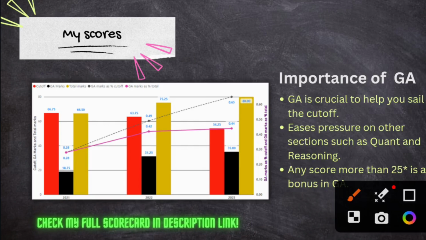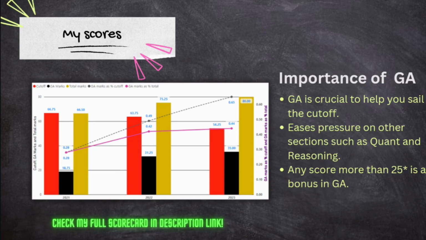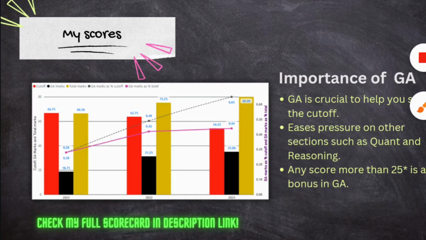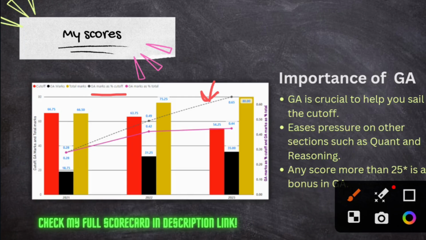just to dive deep into the analysis, I have also plotted this gray line. This line is my GA marks as a percentage of the cutoff, and this pink line is my GA marks as a percentage of total.